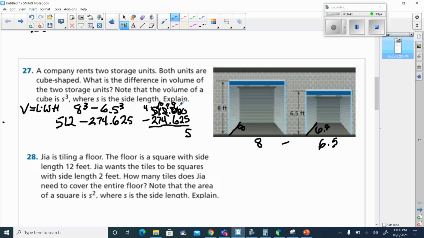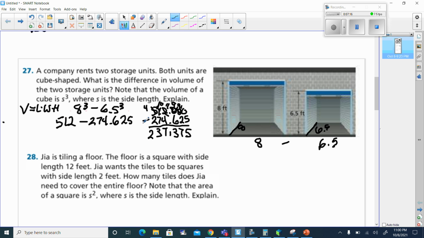This would have been a 10, but it's also a 9 now, because I need to borrow one from here. 10 minus 5 is 5. 9 minus 2 is 7. 9 minus 6 is 3. 11 minus 4, I believe that's going to be 7, right? 7, 8, 9, 10, 11. Yes, 7. 10 minus 7 would be 3. And 4 minus 2, that's 2.